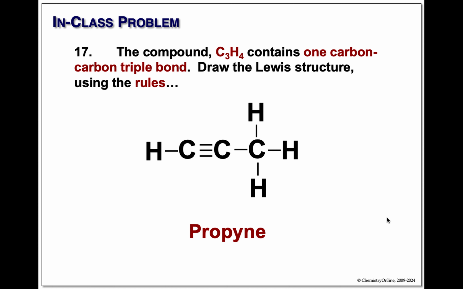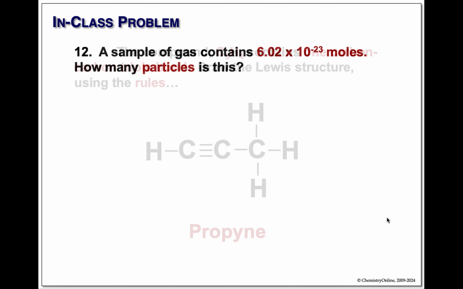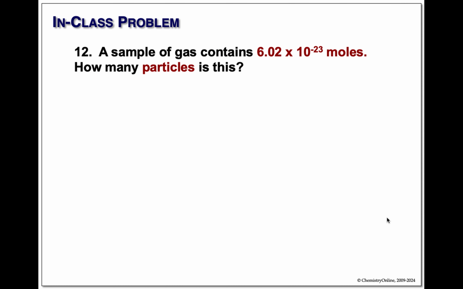And then this one. We have 6 times 10 to the 23 moles of a gas, right? That's a question. How many particles is that? Well, we know our ratio here: 6 times 10 to the 23rd particles per mole. This is our given.